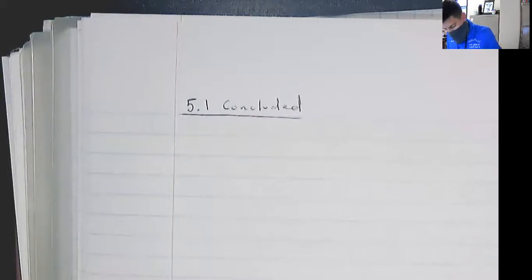Okay, so as I said, there is a relationship between inverses and their derivatives. So that's what we're going to start with, 5.1.7 theorem, which states that relationship.